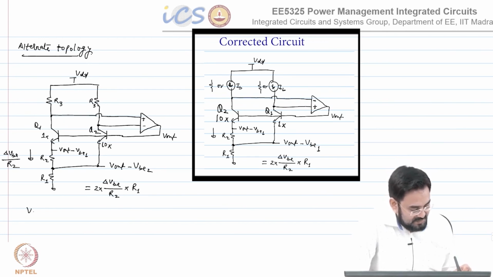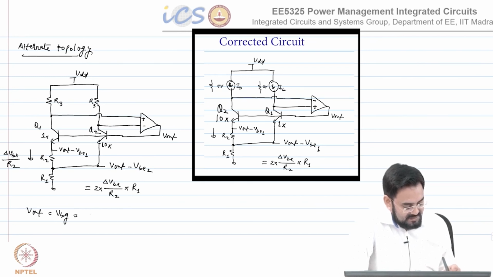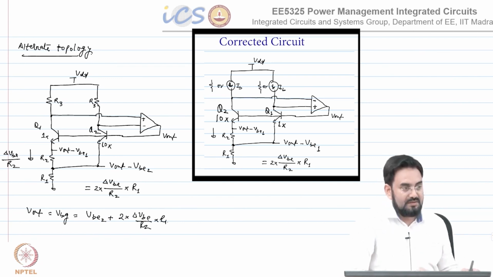So, your Vout is nothing but your band gap voltage, which is VB2 plus twice of delta VB over R2 into R1.